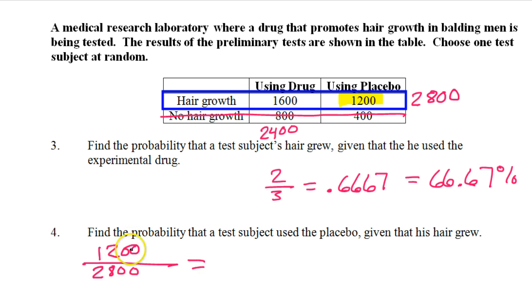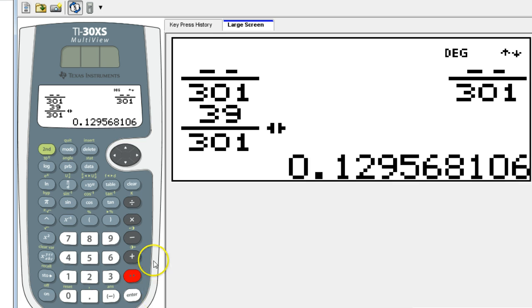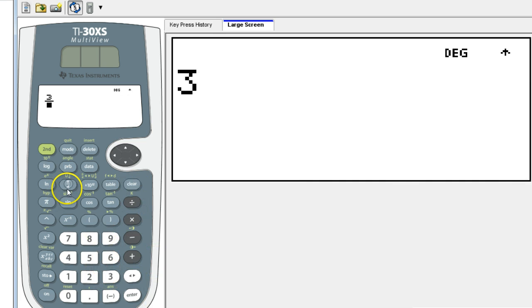Dividing by 100, see the two zeros in the numerator and denominator? So we can see mentally that this will be 12 out of 28. Both of these are divisible by 4. If I divide these by 4, 4 goes into 12 3 times, and 4 goes into 28 7 times. So that's 3/7. And I could make that into a decimal if I felt like it.